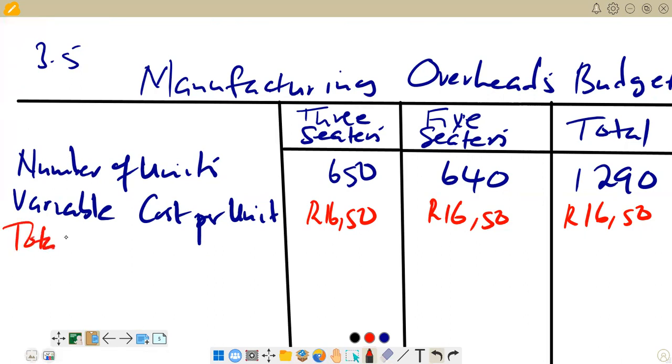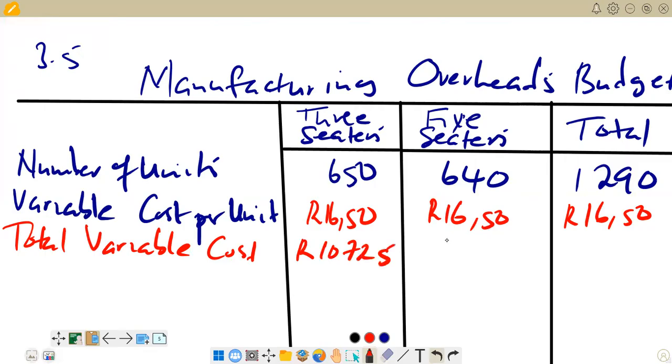Total variable cost. So on the total variable cost now, we are multiplying 650 times 1650 to get the total variable cost. We do that, we get 10,725.